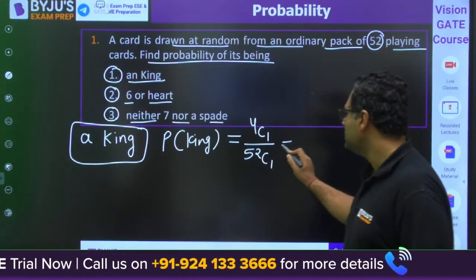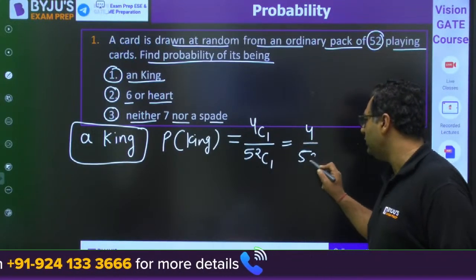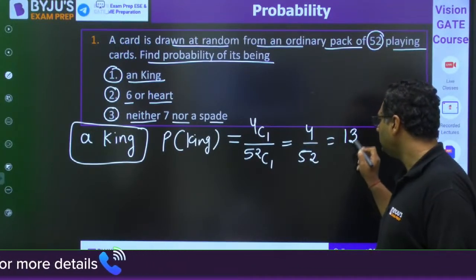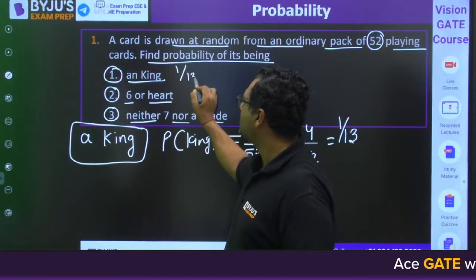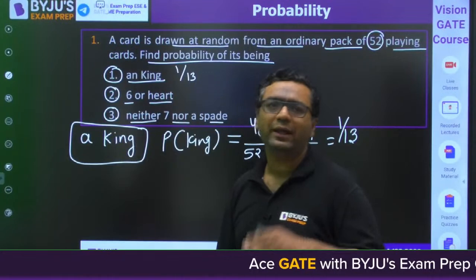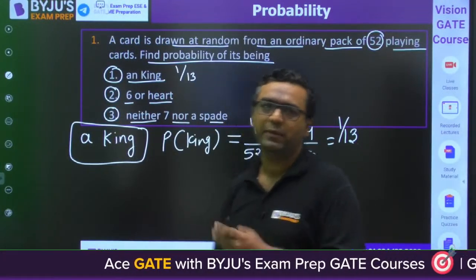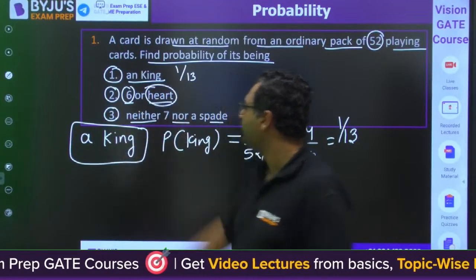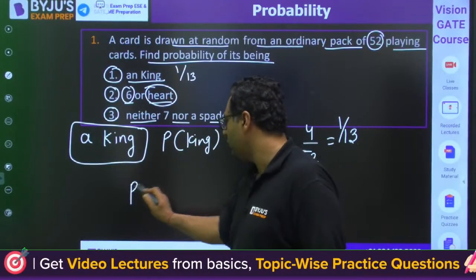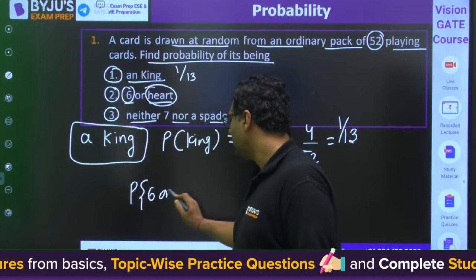It will be 4 by 52, answer will be 1 by 13. So first is 1 by 13. The answer will remain the same if they ask about ace also. Next is, my dear, a 6 or heart. The probability of 6 or heart.